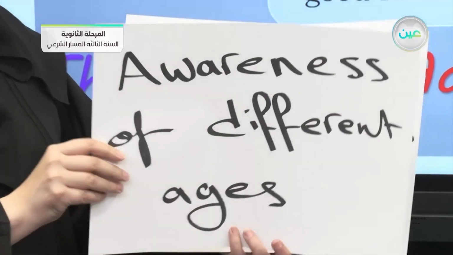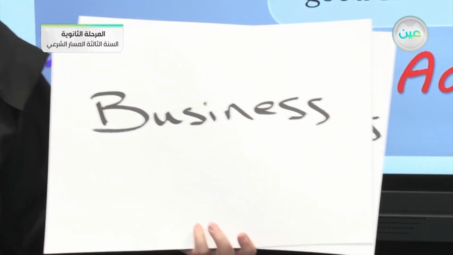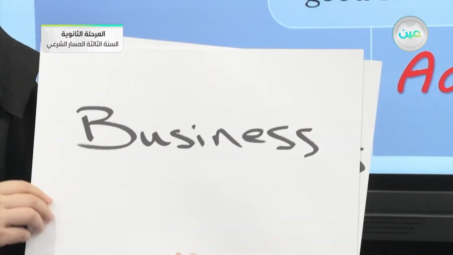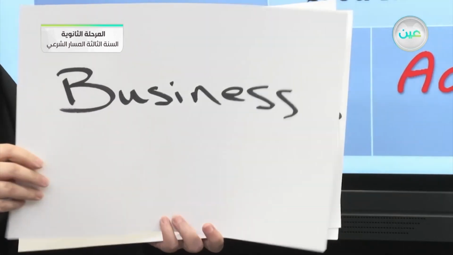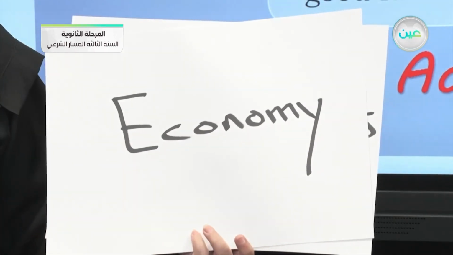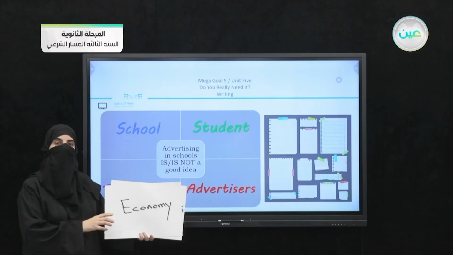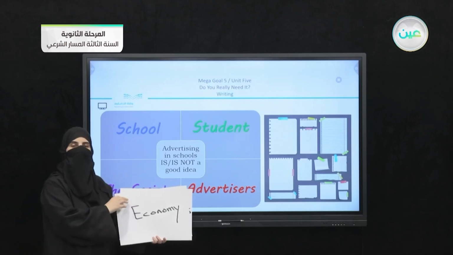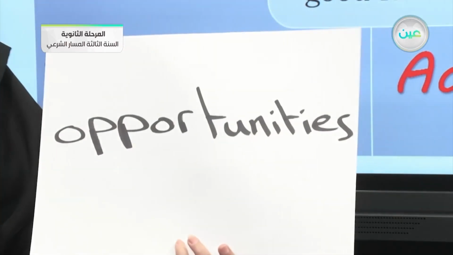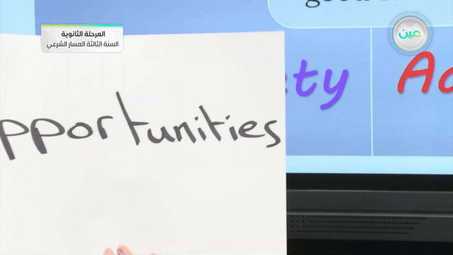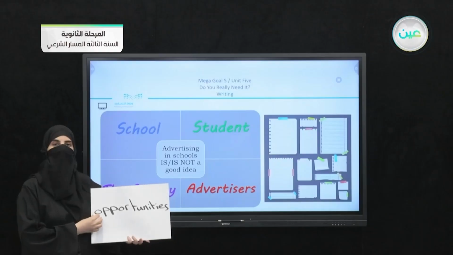Now, all of these points are, of course, connected very much to business. So this is a word that I can have in mind. And also, business, of course, affects the economy. The economy here affects the society in general and, of course, the environment. And we have a very important word, which is opportunities.